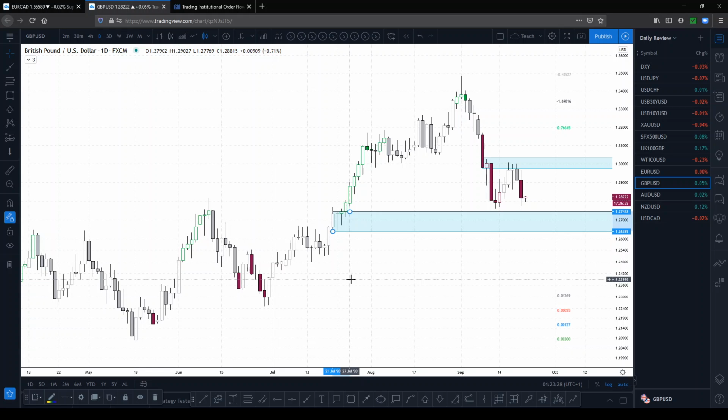The answer clearly is no. So rally-based rallies, the higher they are in the price ladder, the less likely they will work. Sellers are dominating the market at the moment. Often these levels will at best be pause points or targets for shorts to exit with some of their profit.